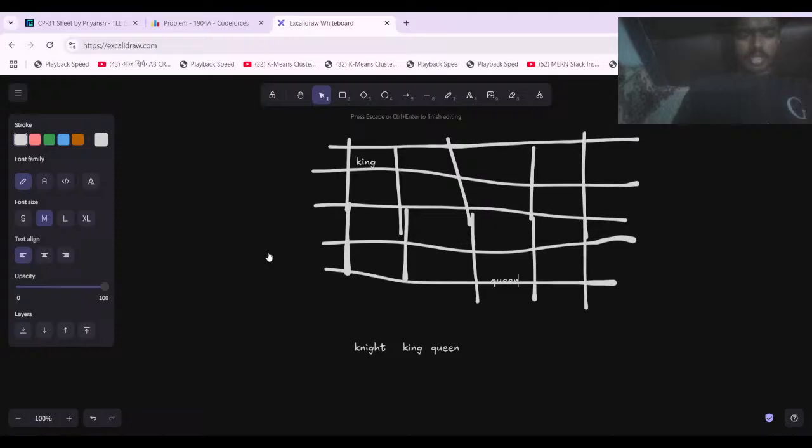What happens when a knight moves is basically, let's say the knight is right over here, then the knight moves in such a way that it makes two jumps in one direction and then one jump in the other direction, right? So maybe it moves something like this.